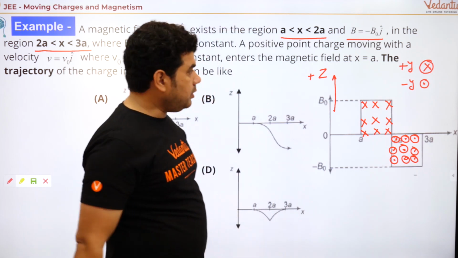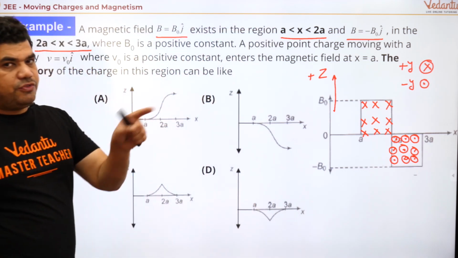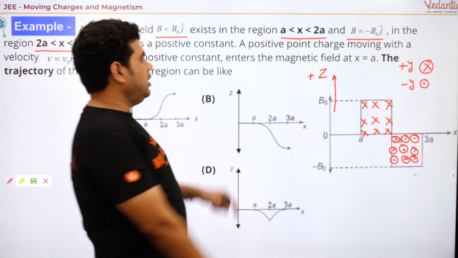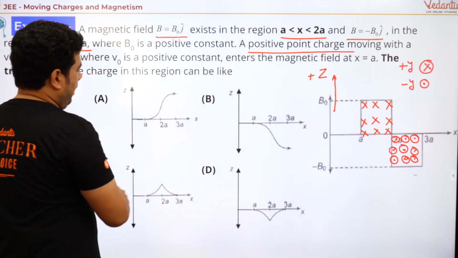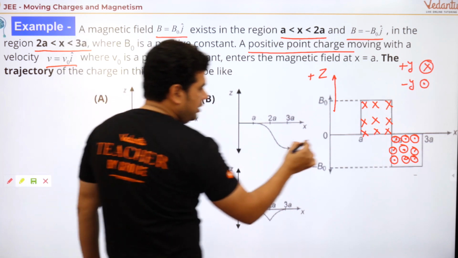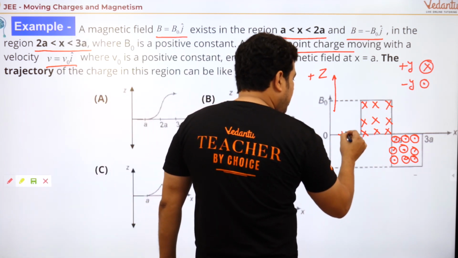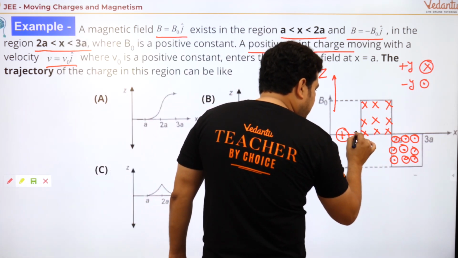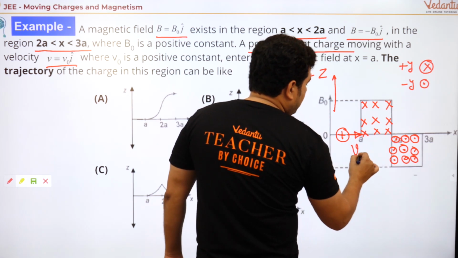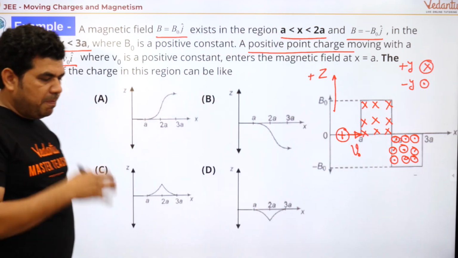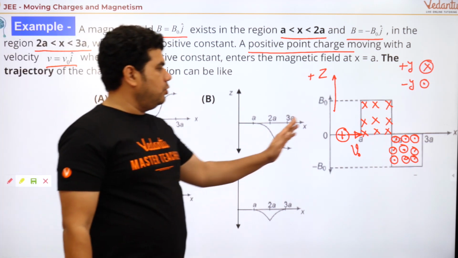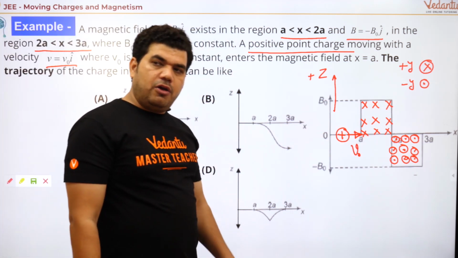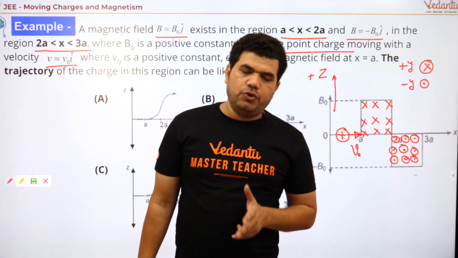See, now positive charge, point to be noted, positive point charge moving with a velocity I cap, यानी positive point charge यहां से एंटर करेगा और उसकी वेलोसिटी है v नॉट. क्लियर? अब यहां से एंटर करके जाएगा तो आप सबसे पहले देखो, जैसे ही इसमें एंटर करेगा, where is the direction of force?